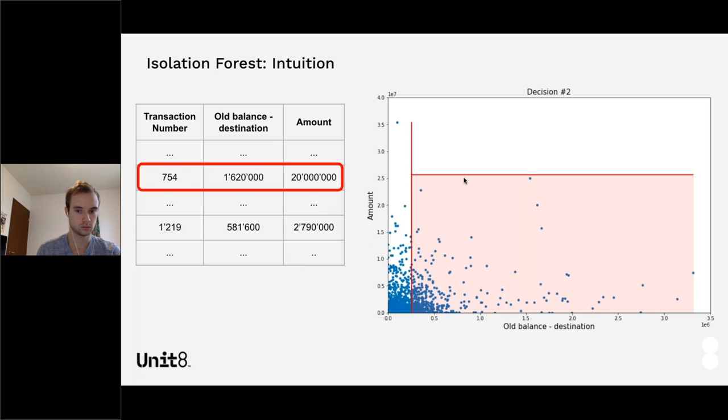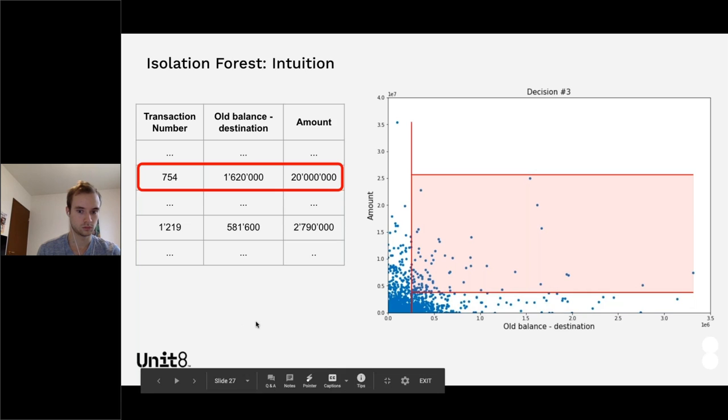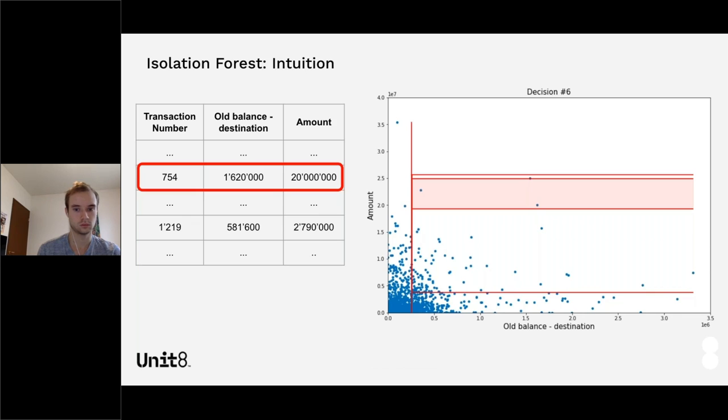And we again disregard the points which are above the line. Here you had just 1 point, basically. And we keep doing this until point A is isolated. You can also see that here we count the number of decisions. And to go back to point A, we took 7 random decisions.